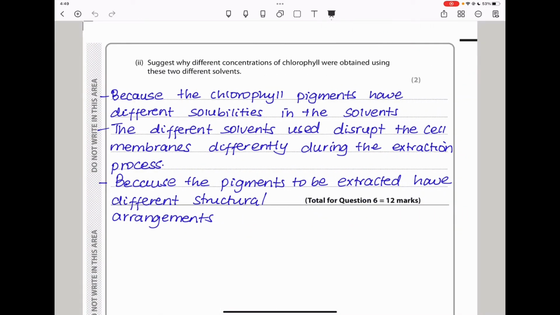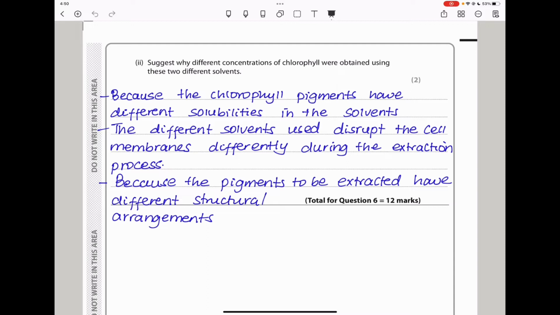Finally, they say suggest why different concentrations of chlorophyll were obtained using these two different solvents. I say, because the chlorophyll pigments have different solubilities in the solvent, we will obtain different concentrations when we use different solvents. The next part, the different solvents used disrupt the cell membrane.